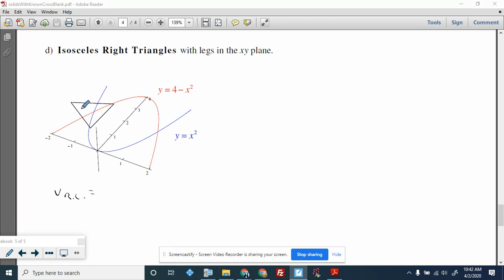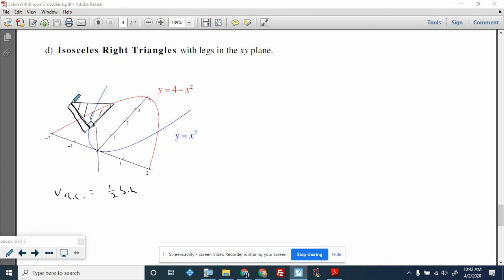What's my cross section now? My cross section is a triangle. This guy here, where this is the base, there's the right angle, and there is the height. So I could do 1/2 base times height for the area of this triangle. To give it a thickness, it'd be tough to draw with this perspective.